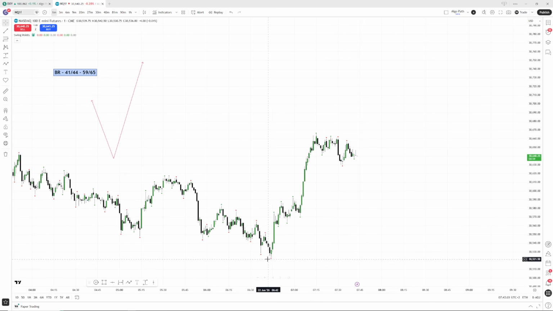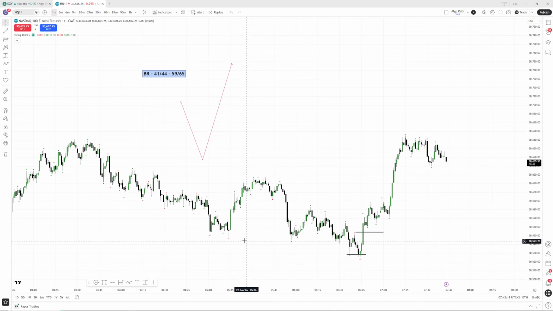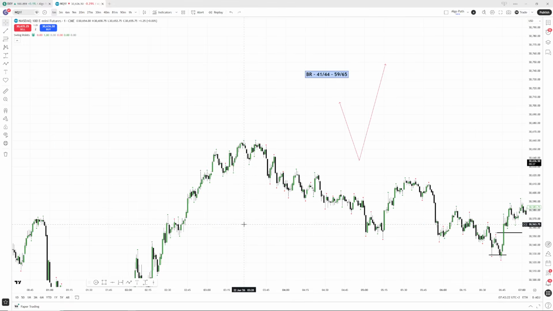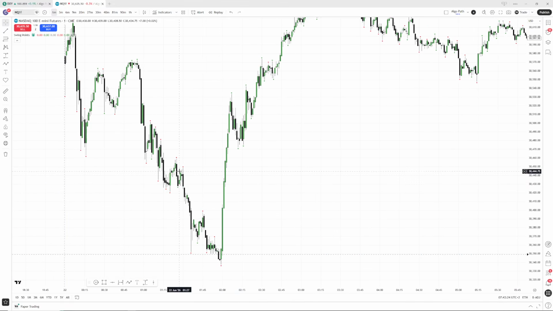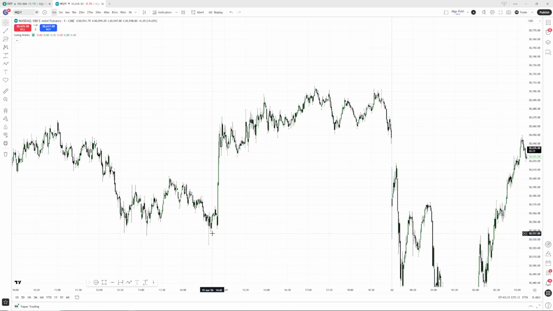So we saw just now this market sweeping this low and sweeping this high. So it takes both sides' liquidity, and if you look at the time, it is 44. So you can go back and check most 41s, 44s will do the same thing. It happens during New York time a lot.